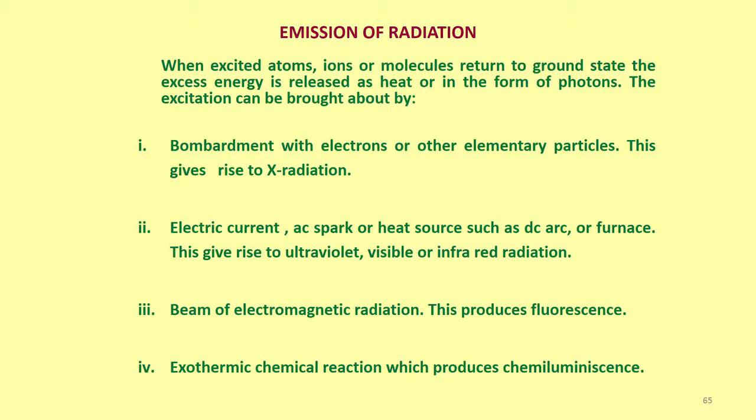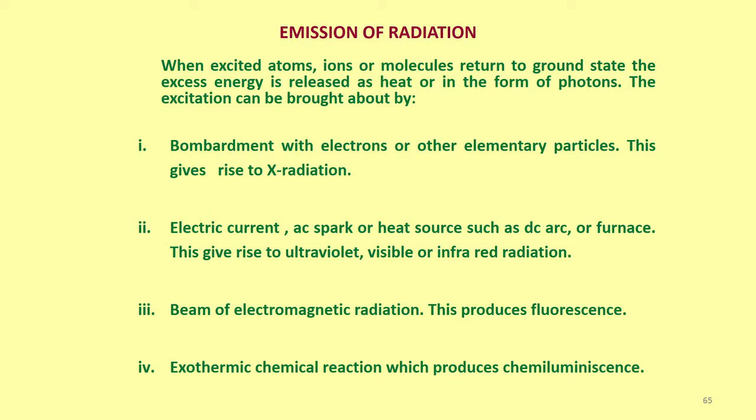So, the excitation can be brought about by bombardment with electrons or some other elementary particles. This gives rise to X radiation, okay, X-ray. So, I can use electric current, AC spark, heat source, AC arc, DC arc, furnace, etc. to give rise to UV, visible, infrared radiation.